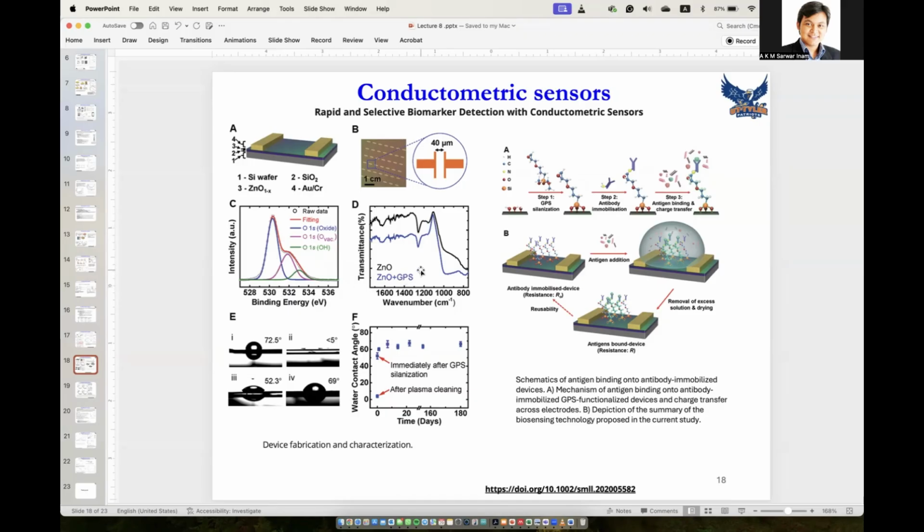And in figure D, it is FTIR, that is the Fourier transform infrared spectrum. They are showing here the transmittance with the presence of zinc oxide and GPS.